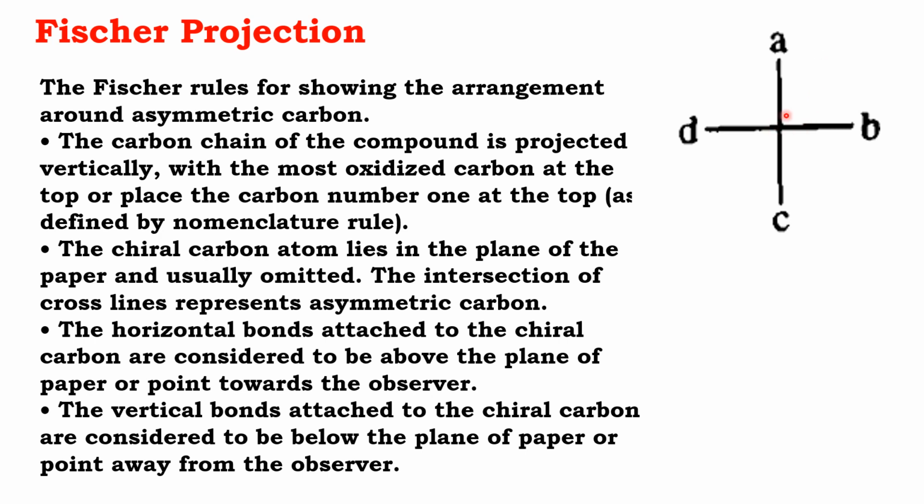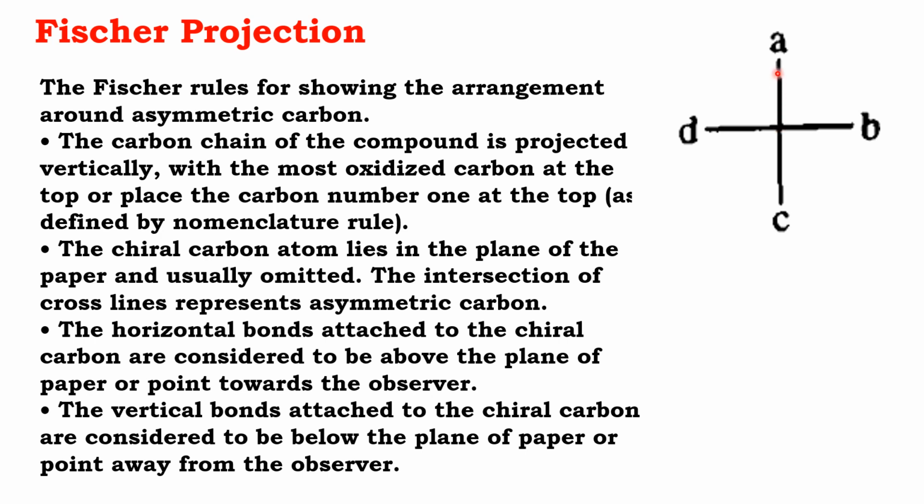Now, the chiral carbon atom lies in the plane of the paper, and we will not represent the carbon atom here. We know a chiral carbon atom should be there for any molecule to show stereochemistry. So the chiral carbon atom will be there, but we will not represent it or show it as such.